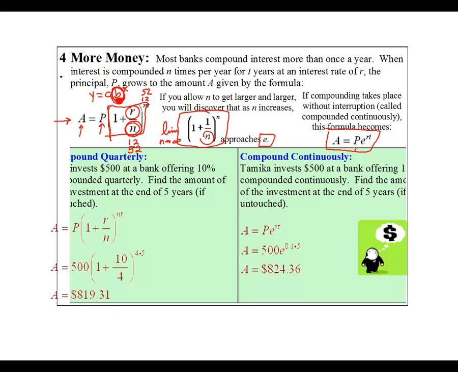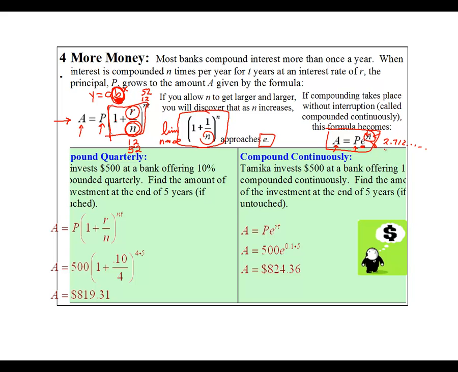And the only difference is this is still your initial amount they start with. This is the amount you end with. The difference is the base is always E, which is the 2.718 blah, blah, blah. And then you still have the number of years here, but the rate R comes in here, RT.